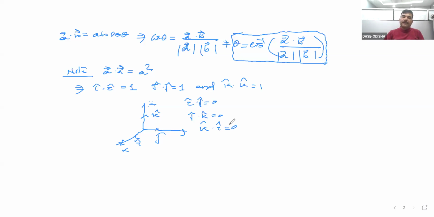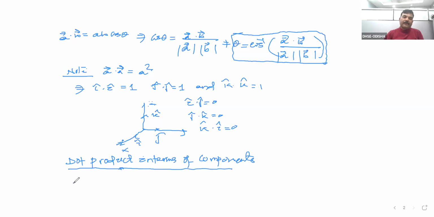Then dot product in terms of components.